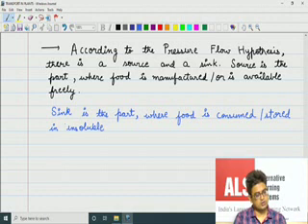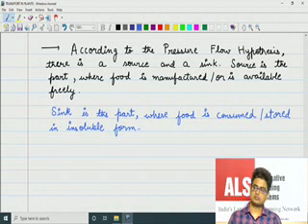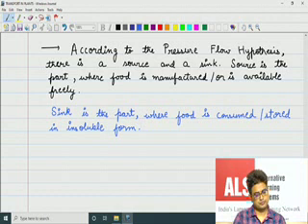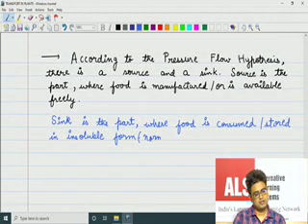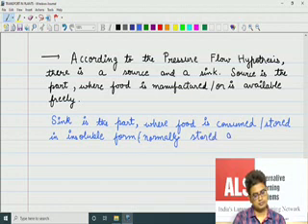It should not be soluble. Normally, food is stored as insoluble starch, because starch is an insoluble substance, right? Very slightly soluble, more or less insoluble.